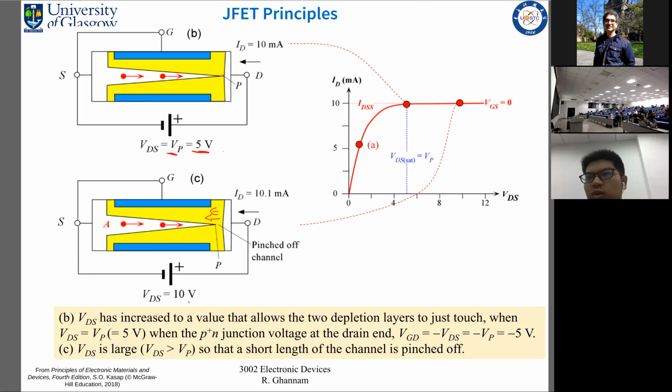So it's the same over here. This electric field becomes much stronger as a result of increasing VDS, and this electric field is now able to attract, it is able to pull more carriers, and because of this electric field, this is why we are seeing this very small but noticeable increase in the drain current.